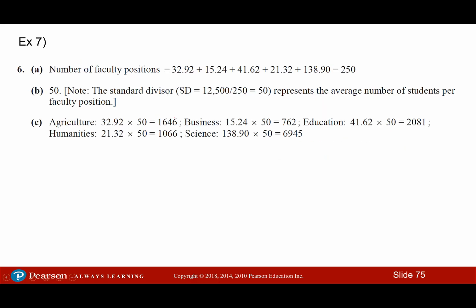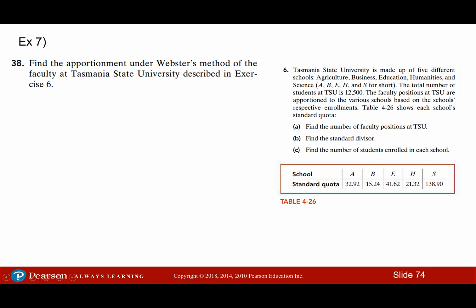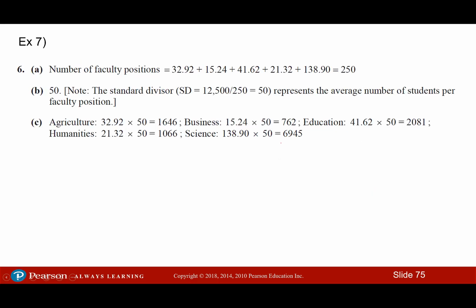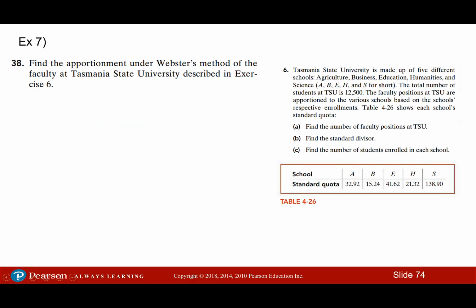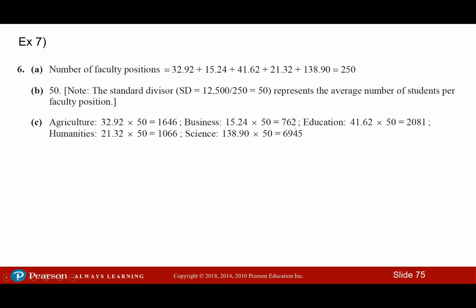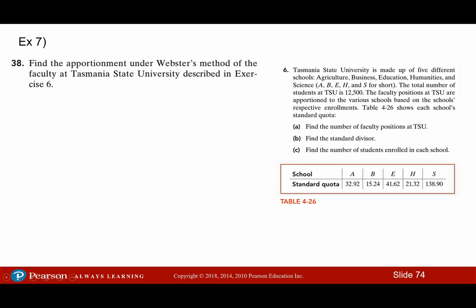So 1646 would go under agriculture as your numbers again, right? And then 762 would go under B. But what happens is this: when you divide, because we're still using the same divisor, it goes back to these numbers right here because we're using the same divisor.